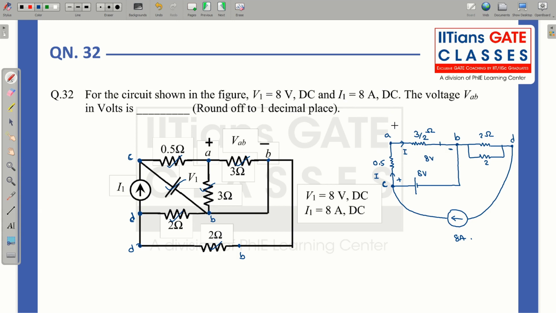If I apply voltage division rule, this is my VAB. So VAB I can simply calculate as 3 by 2 divided by 3 by 2 plus 0.5, into what is the voltage across these two resistors? It is 8 volt.